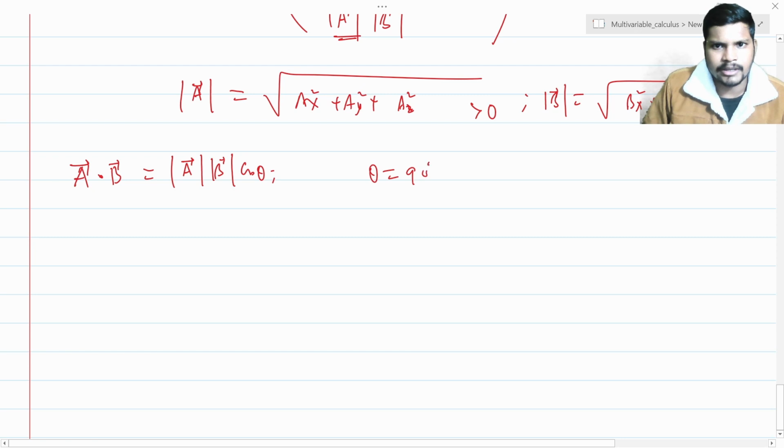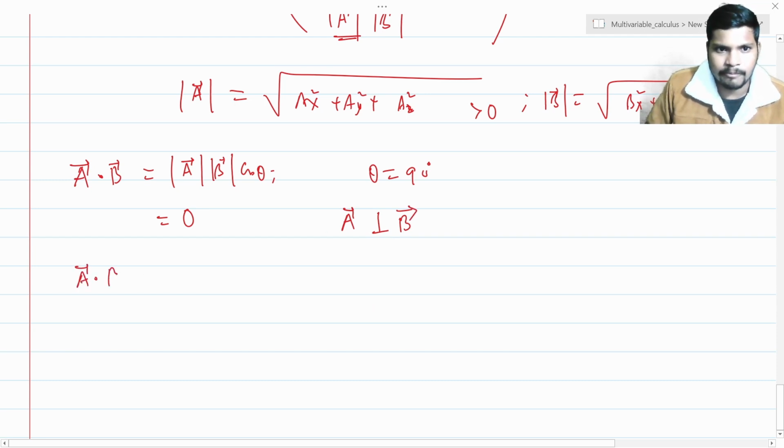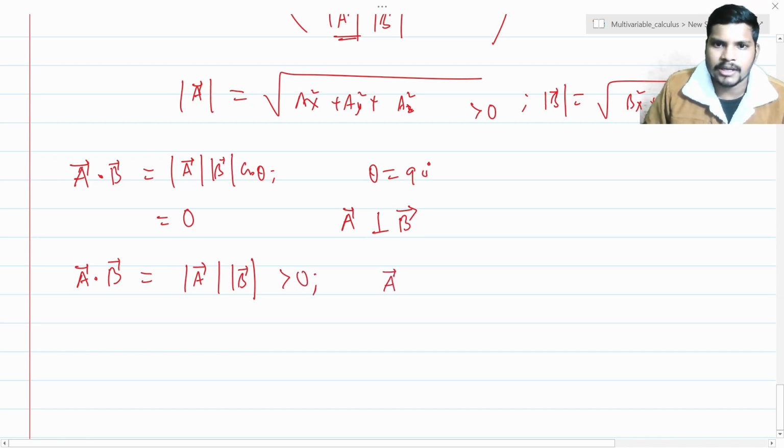When theta is 90 degrees, the dot product vanishes. It simply says that if the dot product vanishes, then these two vectors are perpendicular to each other. If a dot b is at a maximum, which is a positive quantity, then I can just say that a is parallel to b.